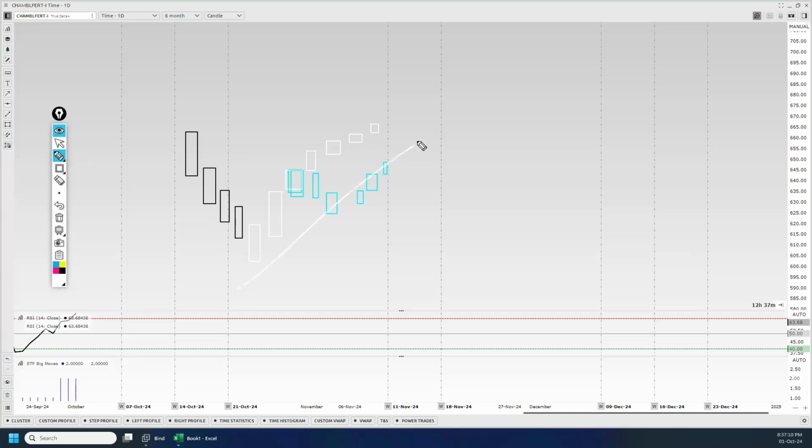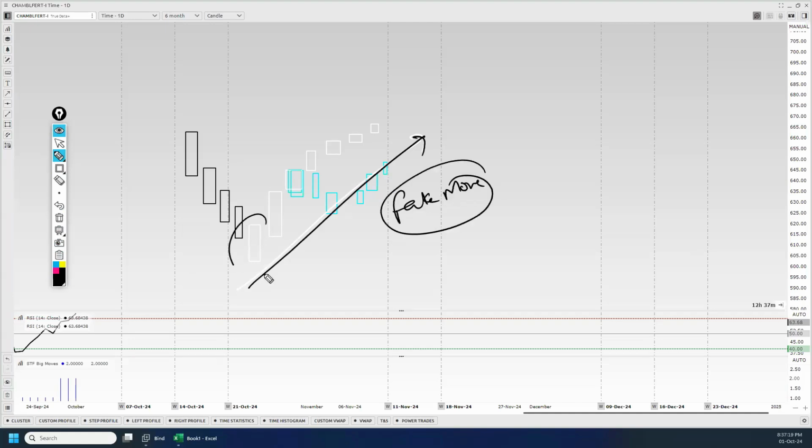What I call this is a fake move. So that's why I was mentioning, if this action is happening at the higher level, right, here, then it is good. If it is happening at the bottom, it's a case where you can call it a breakdown happening here, right?